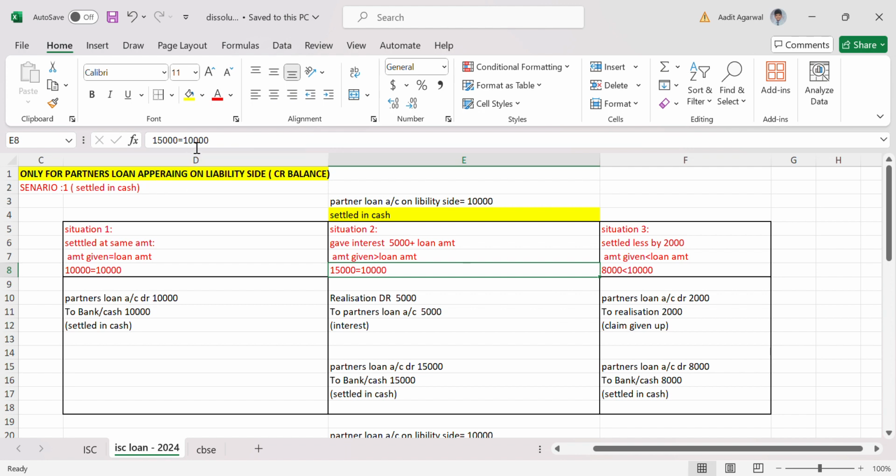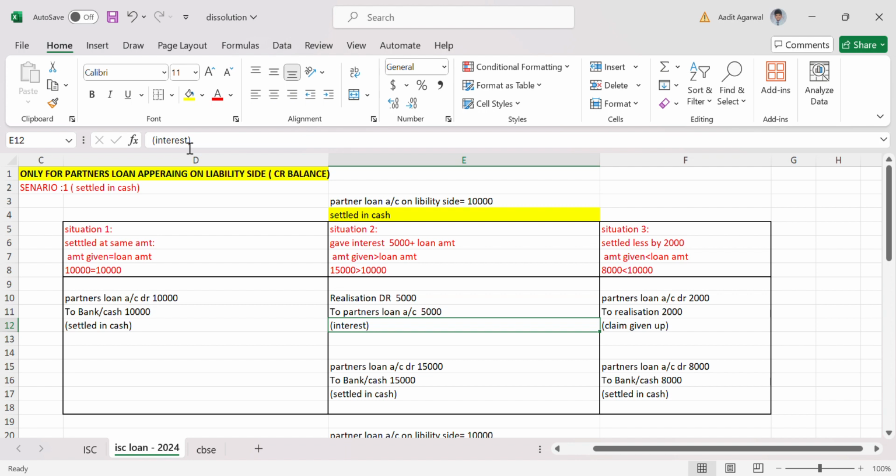So this means we are giving him more than the liability, 5,000 more, and this 5,000 is in the form of interest. So now we will pass the entry. The entry for interest, which we also learned in realization account, is realization debit and loan account credit by 5,000, because that's the amount of interest.